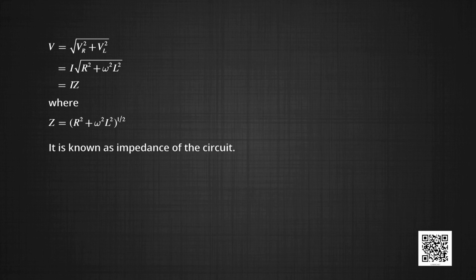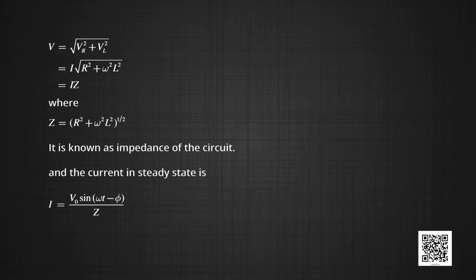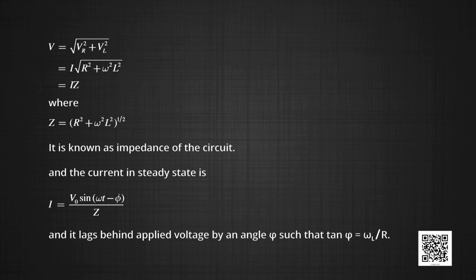It is also known as the impedance of the circuit, and the current in steady state is I = V0 sin(ωt − φ)/Z, and it lags behind the applied voltage by an angle φ such that tan φ = ωL/R.